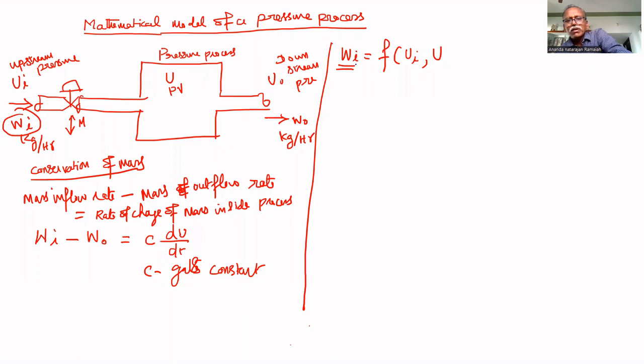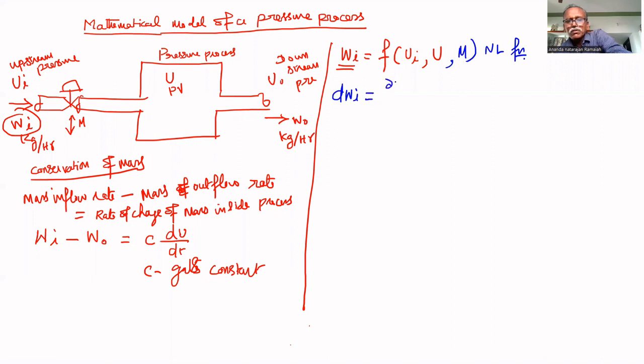Therefore, Wi is a function of Ui, U and valve opening, that is M. This is a nonlinear function. So to linearize that, let us totally differentiate this.